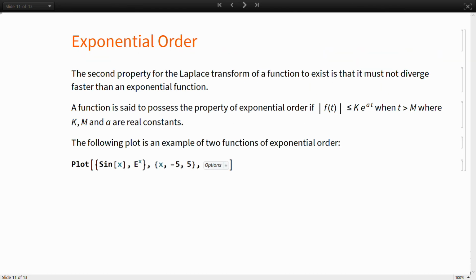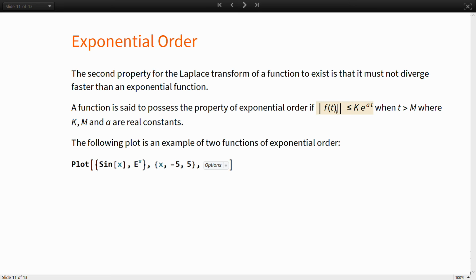The second property a function must satisfy for the Laplace transform to exist is that the function must not diverge faster than exponential order. A function is said to possess this property if the absolute value of the function for some large value of the argument is less than or equal to an arbitrary exponential function k times e to the a t.